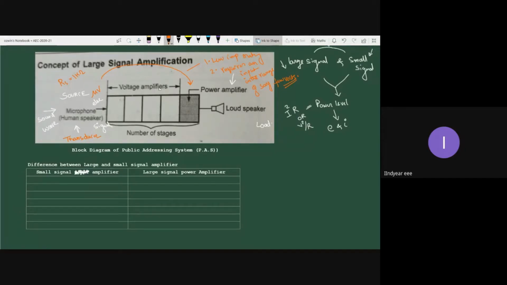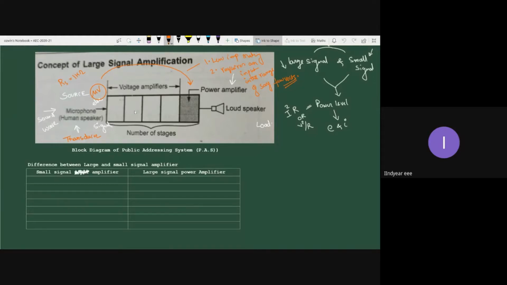So what you have to do is provide sufficient intermediate amplification so that the low voltage signal gets amplified to a reasonable level, and that reasonable signal later on can be given to the input of a power amplifier.